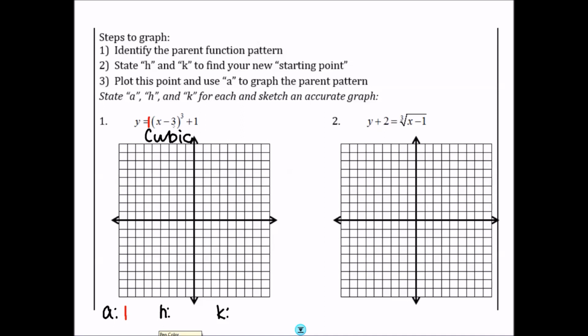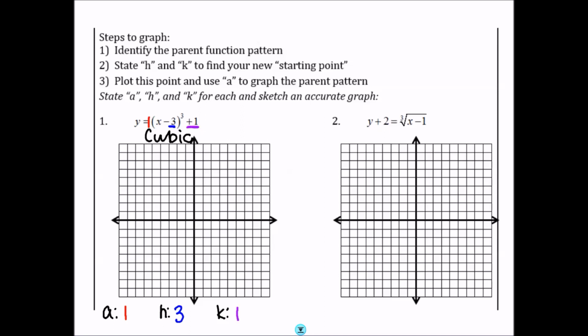H is inside the parentheses, and the tricky part here is that all of the equations on the previous slide have x minus h in the equation. So because the minus is already in the equation, h is just going to be 3. And then k is the number being added at the end, which is 1.